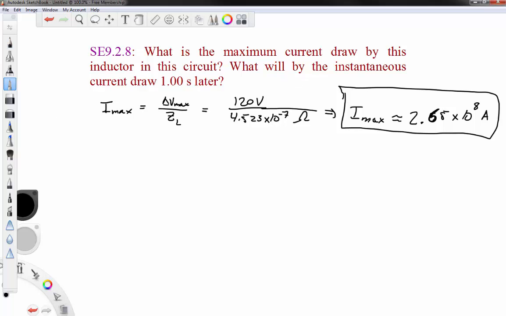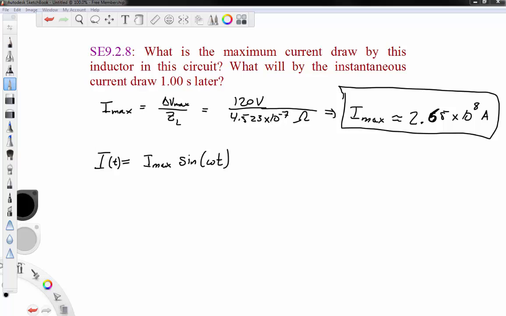The follow-up question is, what's the instantaneous current 1 second later? Well, the instantaneous current, sometimes I, or sometimes you could write I of t, is the maximum current times the sine of omega t.